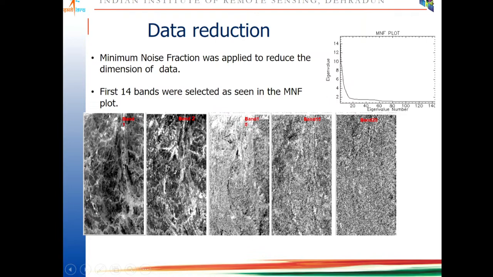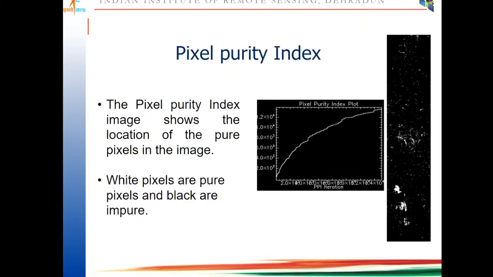See over here, in band number 20 it is completely noisy. We can see a typical salt and pepper appearance. Band number 15 is also noisy, and from band 10 onwards the noise is increasing. So we are using the first 14 bands to do the further processing.